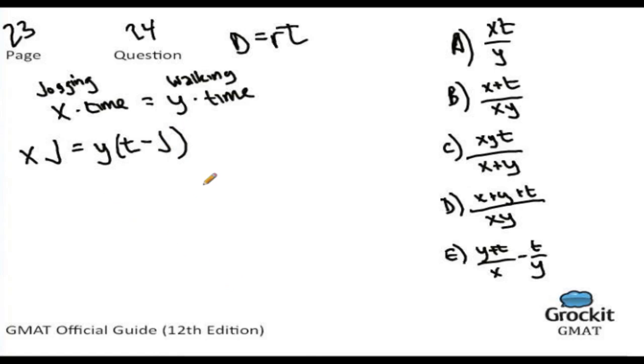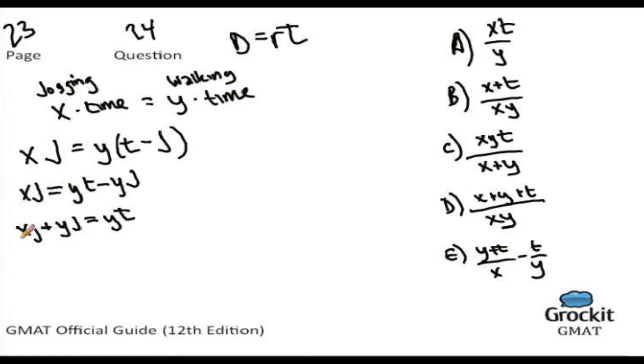And from here it becomes an algebra problem. We're left with xj on the one side equals yt minus yj. We're trying to get this isolated here, so we can get the j's on the one side. So xj plus yj, we added yj to both sides, equals yt.